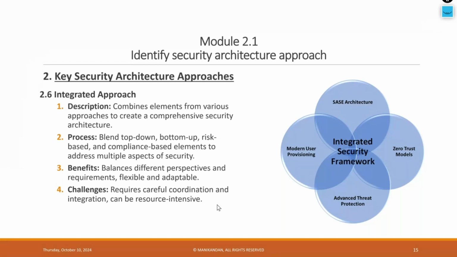Like I can give you an example when we are talking about a framework. Here we have a SASE architecture, modern user provisioning, advanced threat detection, and also a zero trust model. Can we say your COBIT is a perfect example of a framework?